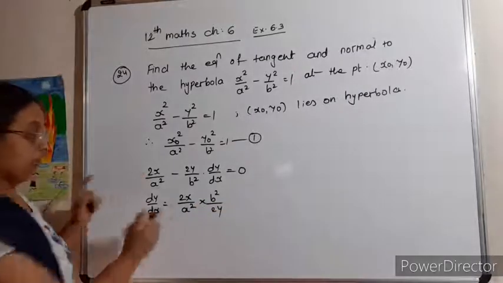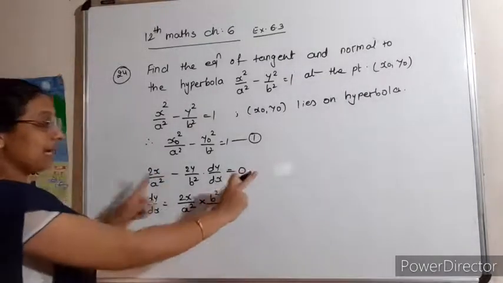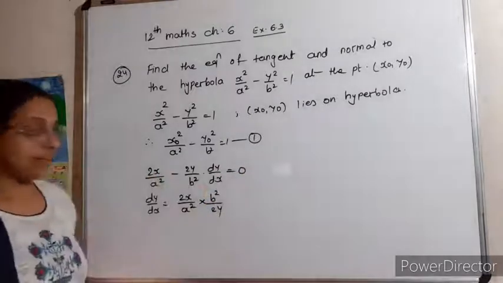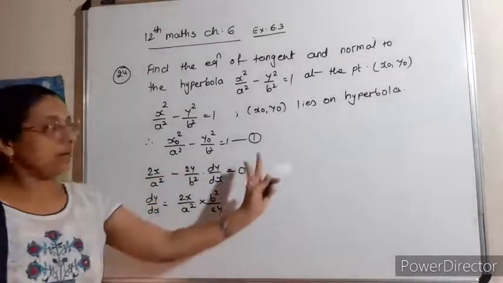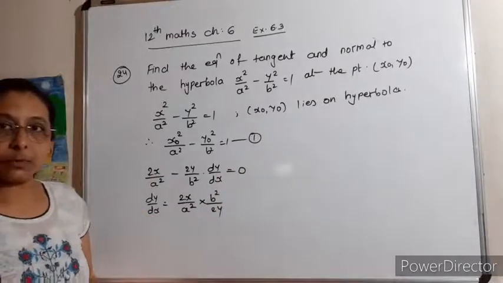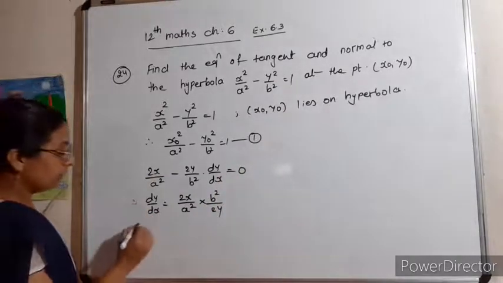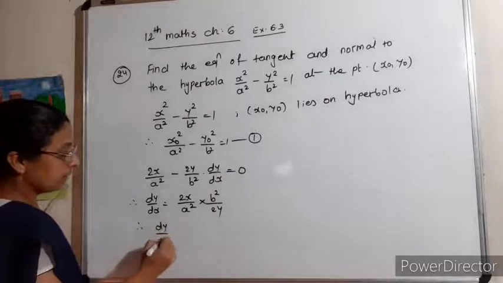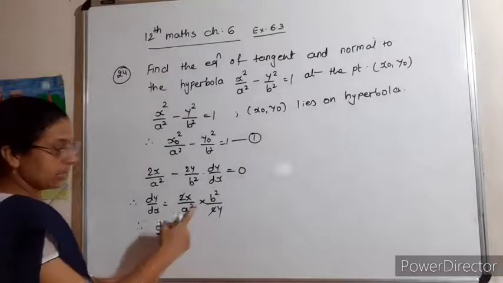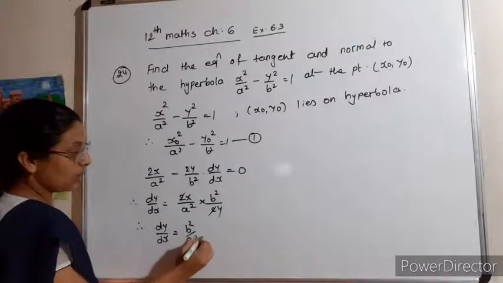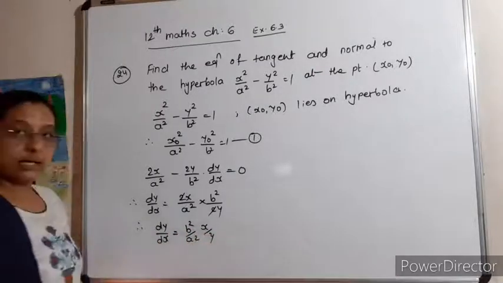Yes or no? First of all, if it goes this side, both the minus signs will be cancelled. 2x upon a square multiplied by b square upon 2y, it is reciprocal. And therefore, we can say that dy by dx is equal to, 2 cancel, b square by a square, x upon y.